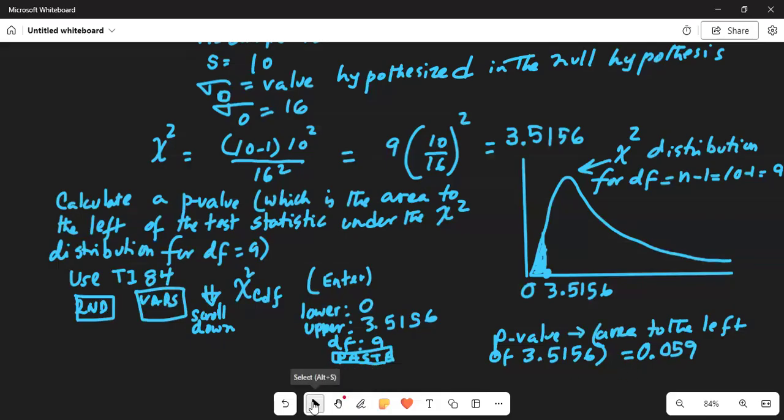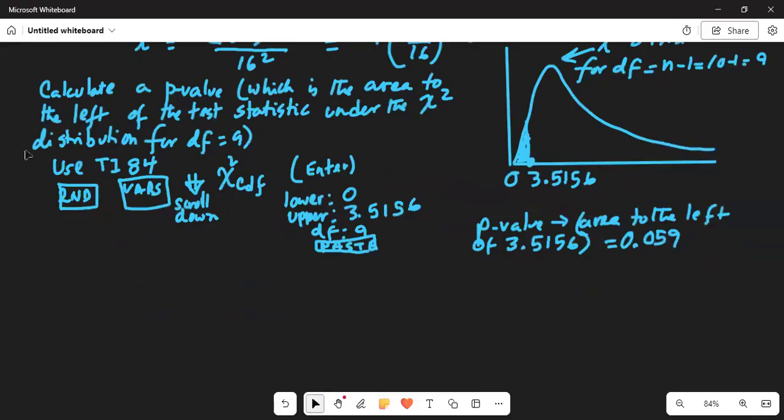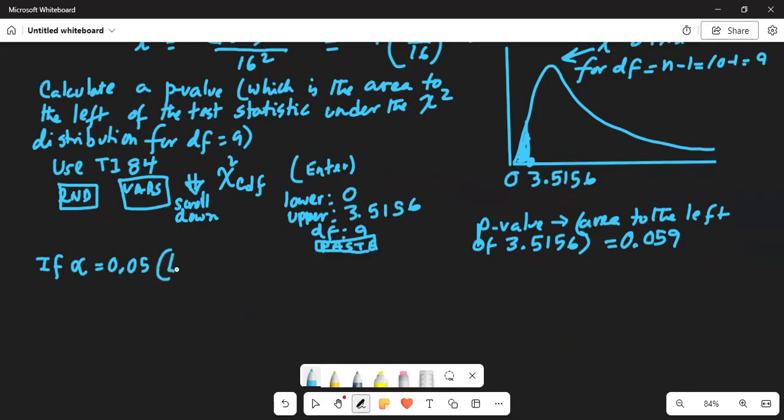So if alpha is equal to 0.05 level of significance, remember, level of significance is the maximum probability of rejecting H0 when it is true.